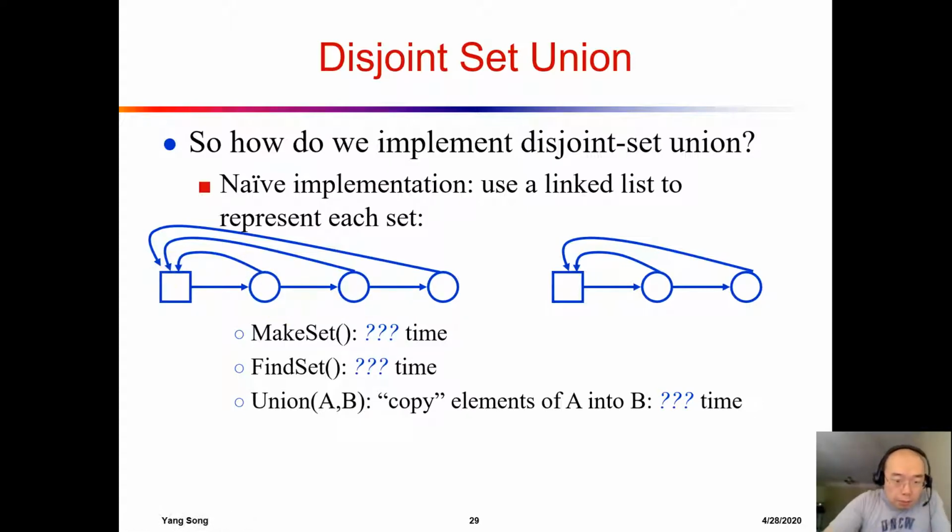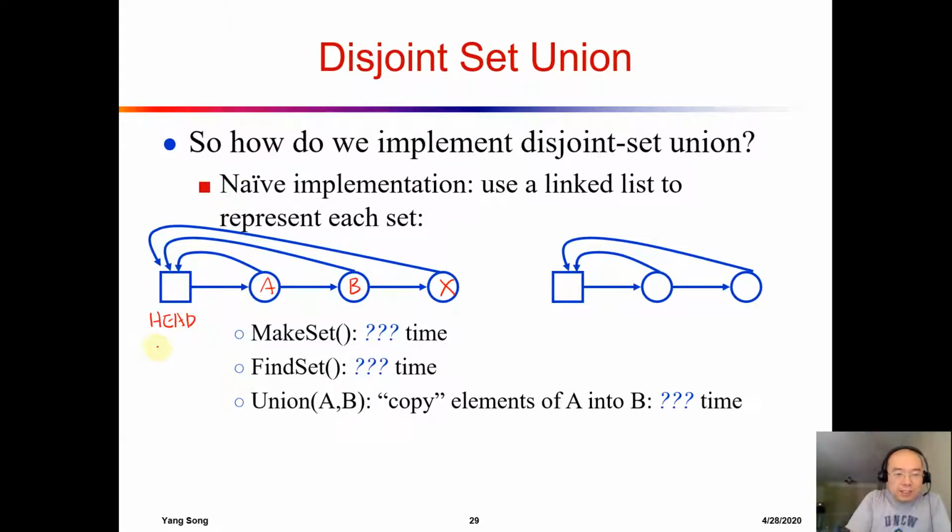Let me bring up my pen. We know that this is a head. Say node A, node B, and node X are in the same set. When we do a find set, we use the back reference to the head, and in the head we have a unique identifier.